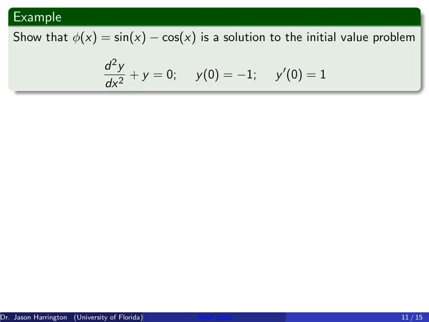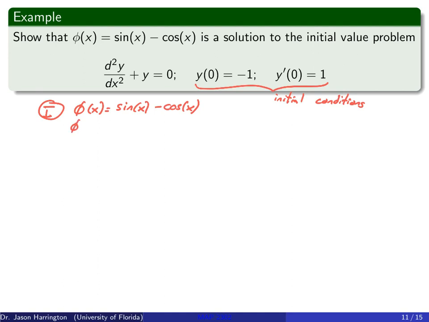So let's try this out. We've already checked to see if phi works as an explicit solution, but you'll notice now we have these initial conditions. So these are the only thing that's really different now. So let's just check those out. I'm going to have phi of x is equal to sine of x minus cosine of x.